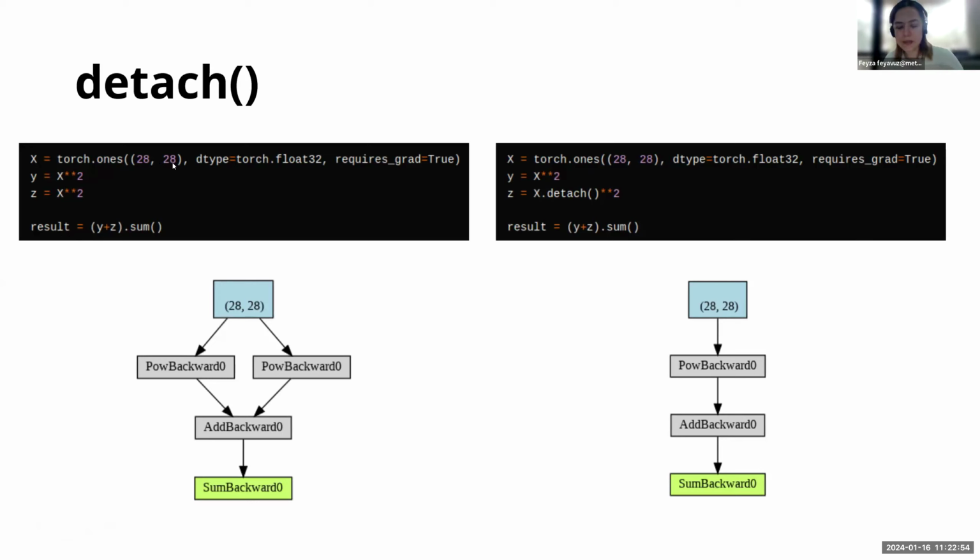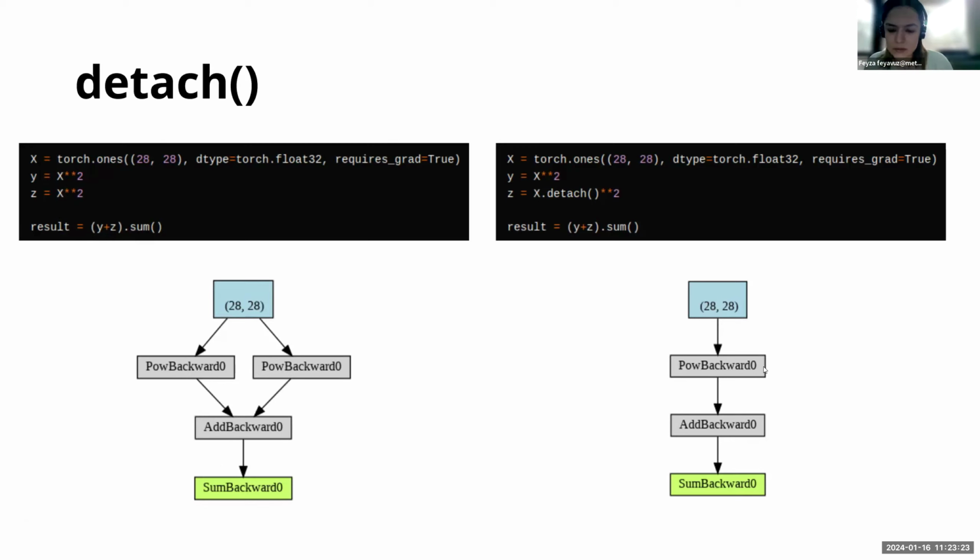When we look at the backward history of this function, we can see summation backward, then addition backward, and then two power backwards, for both y and z, to reach x. On the right side, we defined z with x.detach.